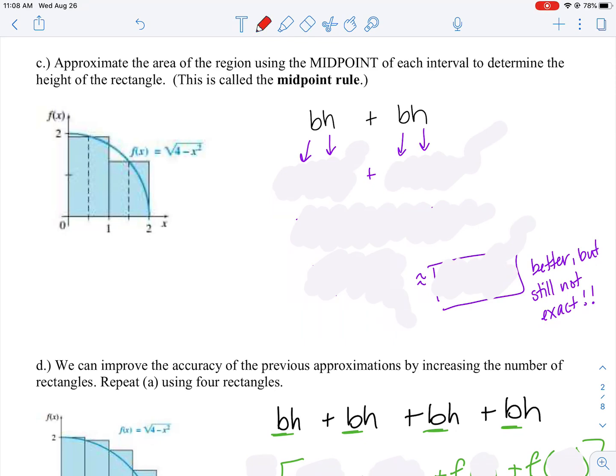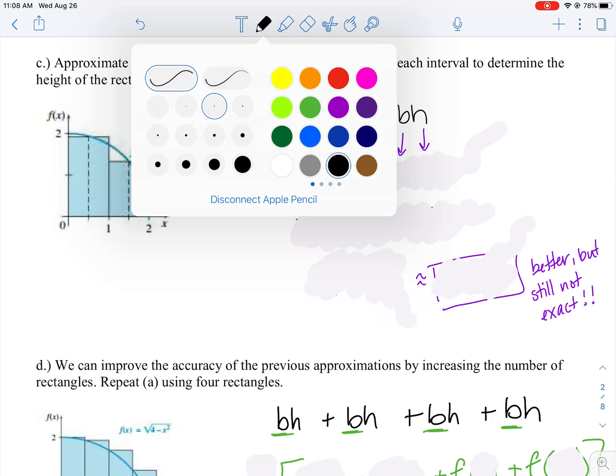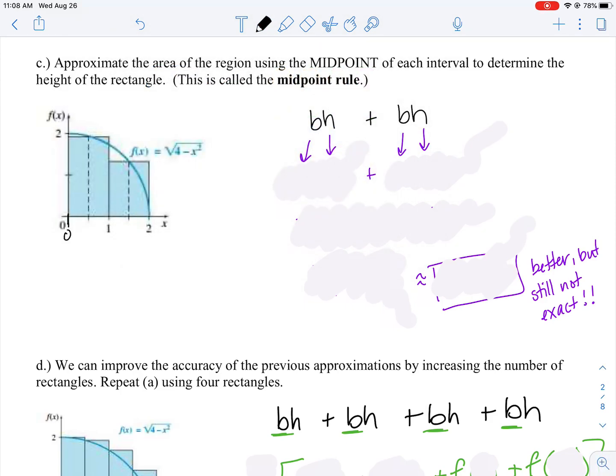So look at this picture. I have these two rectangles, the same base, both 1 wide, but instead of using the right endpoint or the left endpoint, I took the middle and followed that middle up, and as soon as it hit the function, that's how I drew my rectangle.